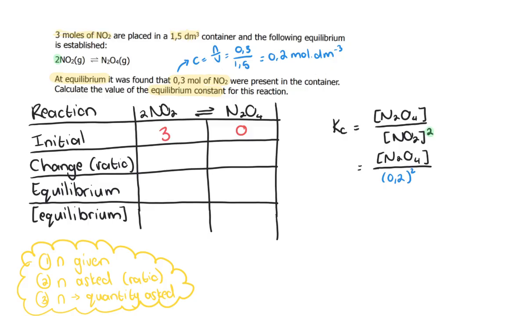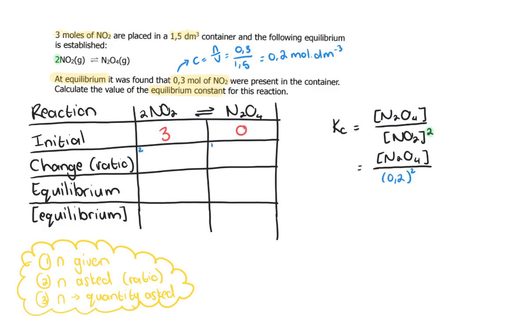The only place where the product isn't 0 is when I have a reaction that reached equilibrium a second time, which means some of my products have already formed, or if they tell you at the start there was, for example, 1 mole of N2O4. But otherwise, you can assume it's 0. So the ratio of my reactants to my product is 2 to 1. So I'm just going to write that small at the top over here.